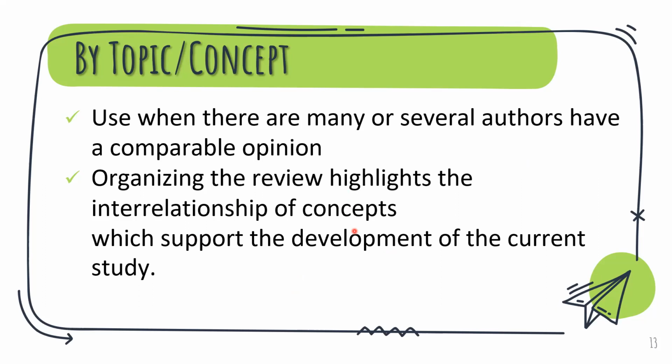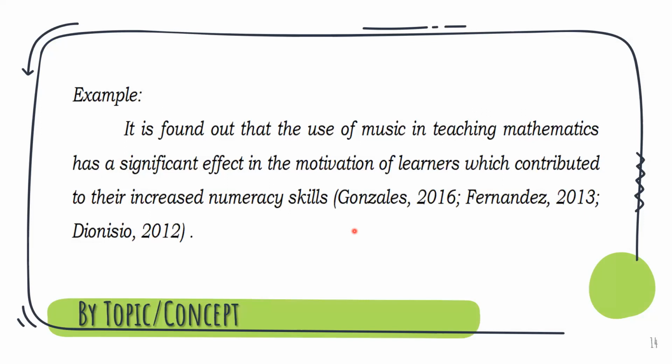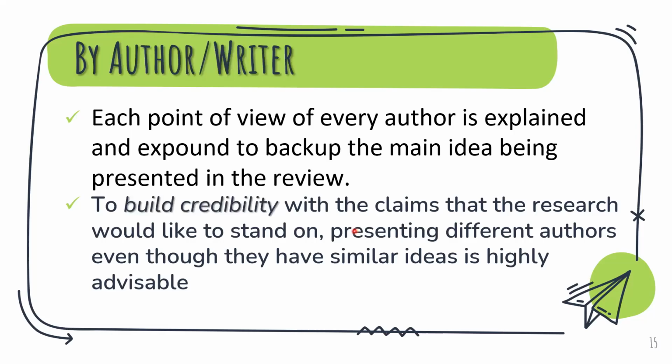so you could cite by topic. Okay, an example here is this, as you can see, and then we have last but not the least, by author. Okay, so we use this type of presentation of our RRL to build credibility, to show the point of view of our author, and expound to back up the main idea.